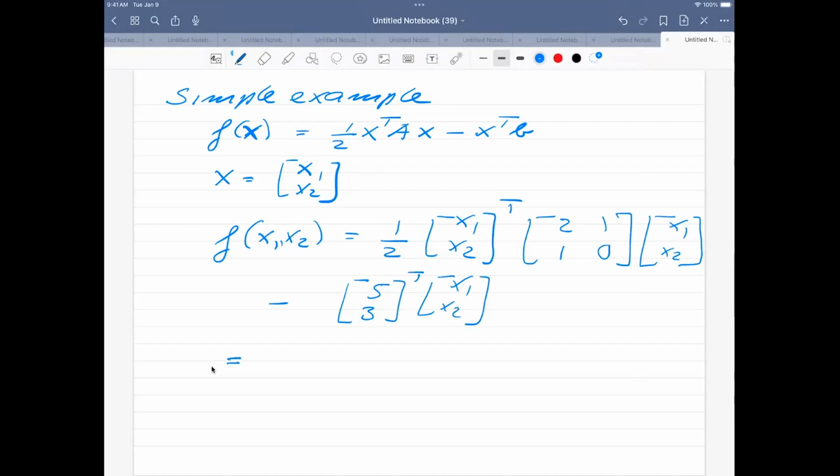And if I write this out, this is just a function which looks like x1 squared plus, when you just perform the matrix vector multiplications, x1 x2 plus 10 x2 squared minus 5 x1 minus 3 times x2.